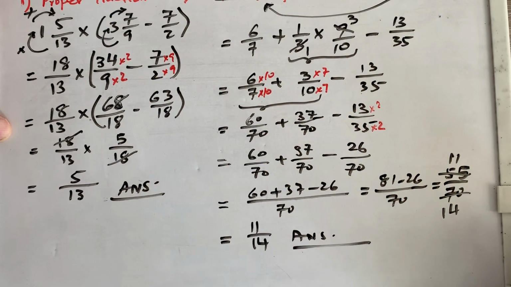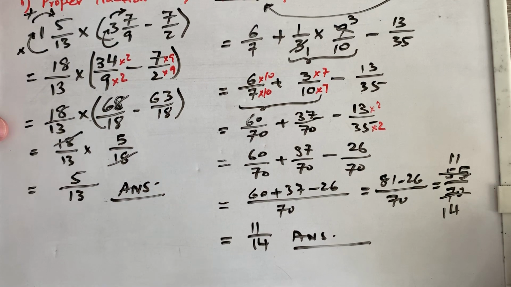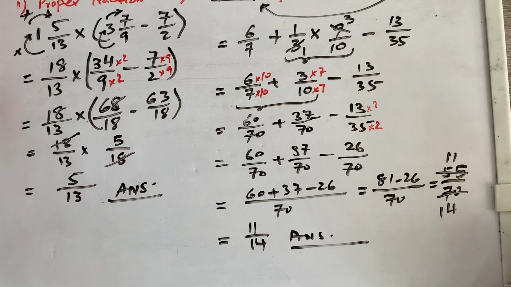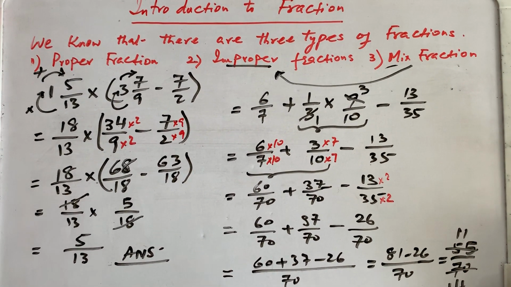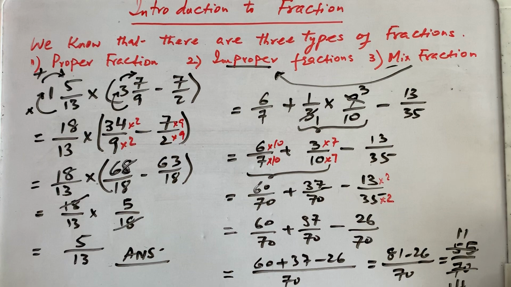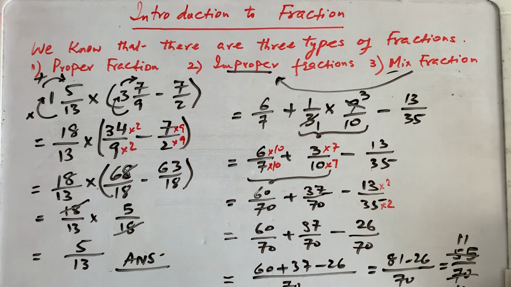So this is how we simplify complex mathematical expressions where we have to divide, subtract, and multiply, all four mathematical operations, with the help of BEDMAS. And what we have learned is that if there is a mixed fraction, we have to change those mixed fractions into improper fractions, and then we proceed with the BEDMAS procedure, right?